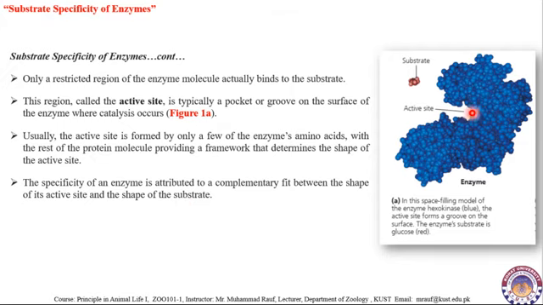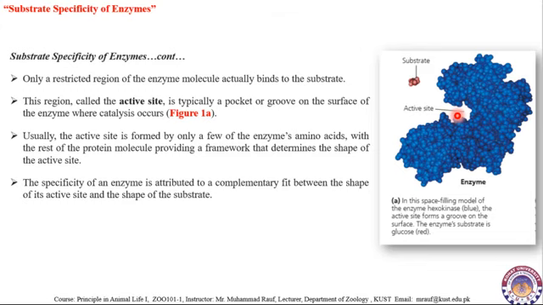In order to catalyze a reaction, in order to convert a substrate or reactant into product, the first and most important thing is the establishment of the enzyme-substrate complex. Unless this complex is established, there will be no reaction.